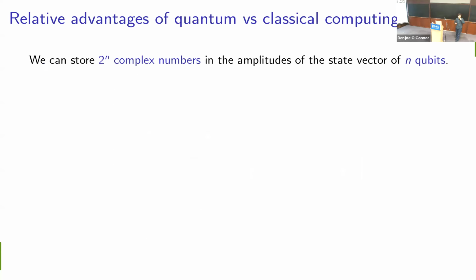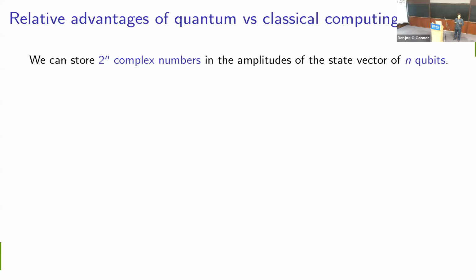So now why are people so interested in quantum computing? What are the advantages? In the quantum world, our n qubits can, in principle, store 2 to the n complex numbers as the amplitudes of the state vector. Our quantum state vectors always have to be normalized, so we can only store them up to normalization.